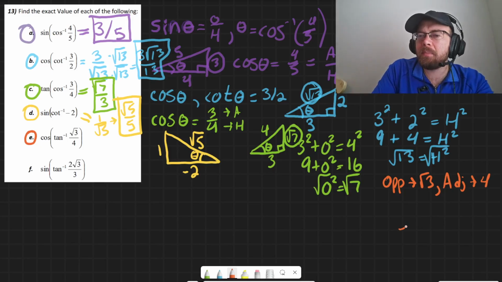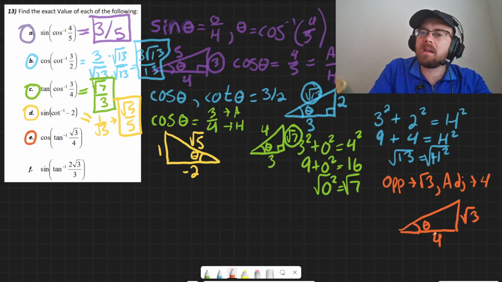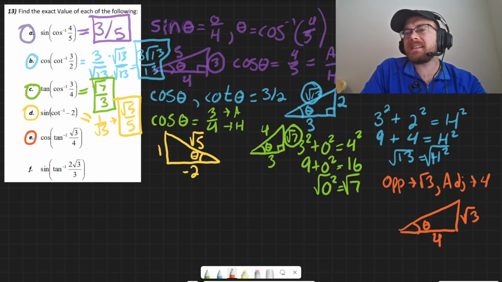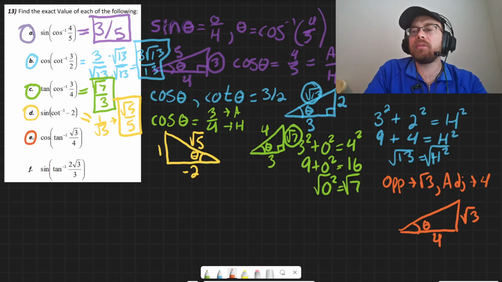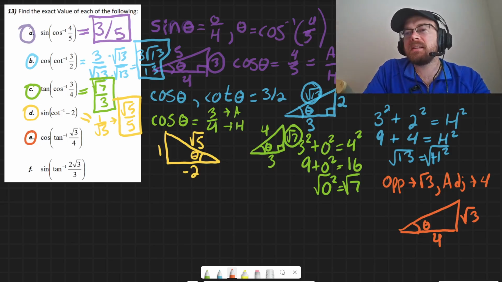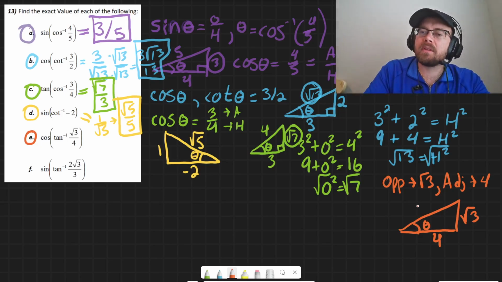So we got this and this. And the square of 4 would be 16. The square of the square root of 3 would be 3. 16 plus 3 is 19. And that doesn't have a square root, so that's kind of annoying, but it is what it is. So we get that.